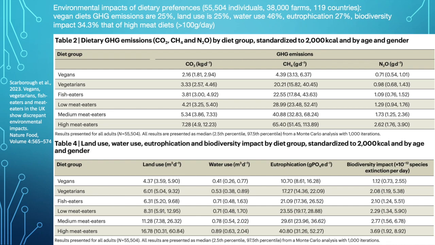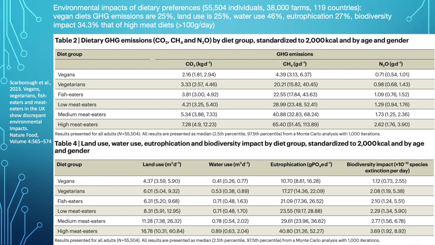Vegan consumers are responsible for 27% of the eutrophication, or pollution, caused by high meat consumption, and impact biodiversity in terms of species extinction at 34% of the impact of high meat consumption. Overall, vegan diets were associated with less than half of the impact of high meat consumer diets for all the indicators studied, so for all the environmental impacts they looked at.